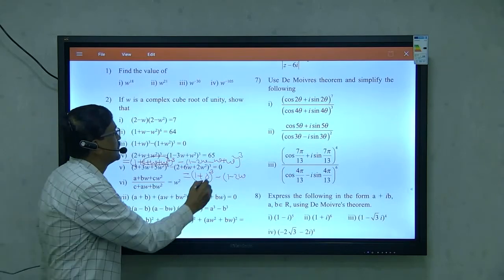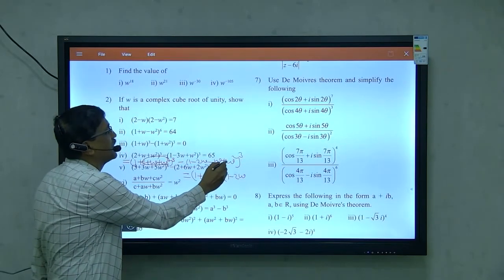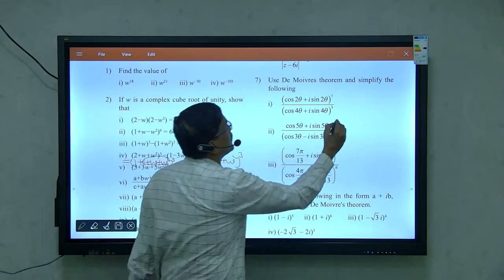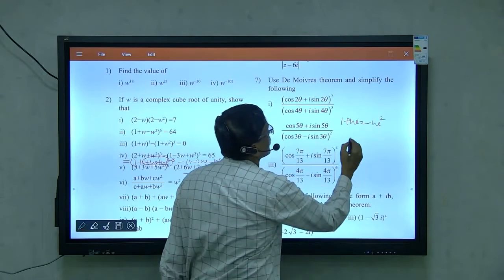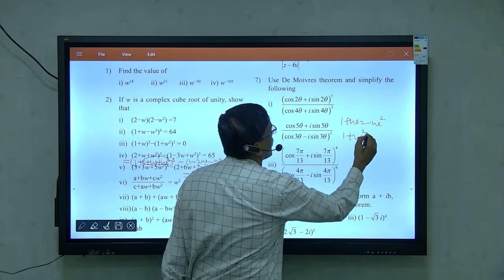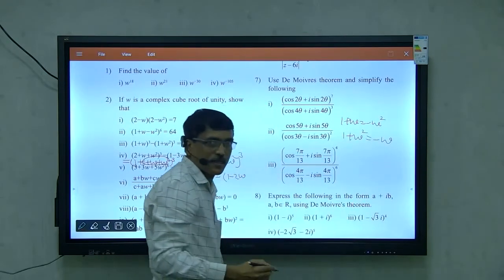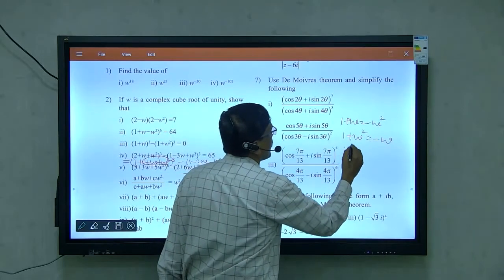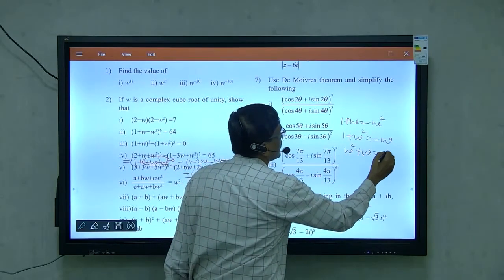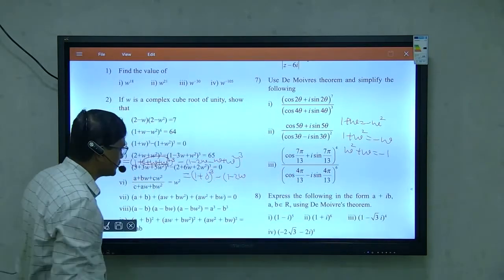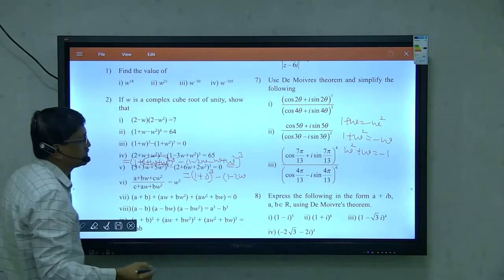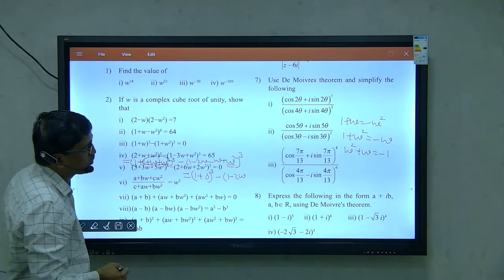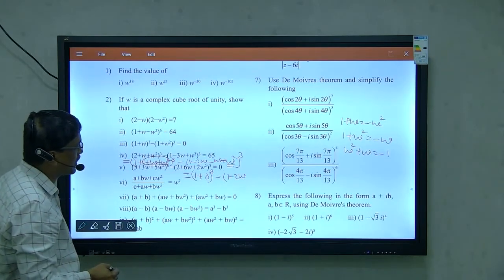See here, our properties: 1 plus omega is equal to minus omega square, 1 plus omega square is equal to minus omega, and omega square plus omega is equal to minus 1. There is no need, I think, to write in terms of minus 2 omega and minus omega.